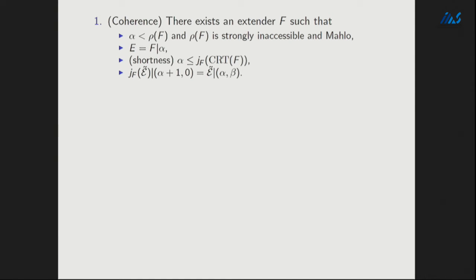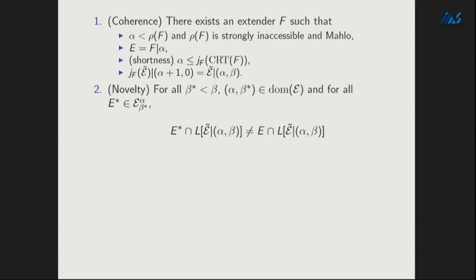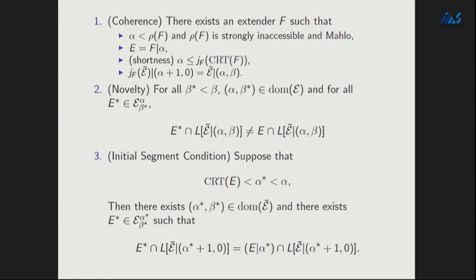It has to come from an extender that shifts the dottage, erasing alpha beta from the domain. Novelty, you couldn't have put an initial segment on. It disagrees with all the earlier extenders, sorry, and the initial segment condition. It's exactly the same, but now we have sets of extenders instead of extenders.